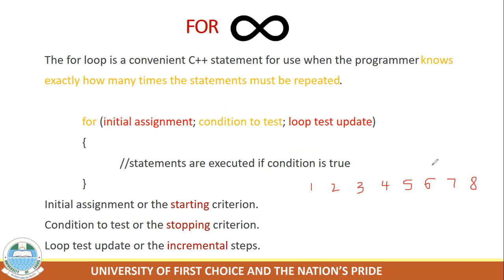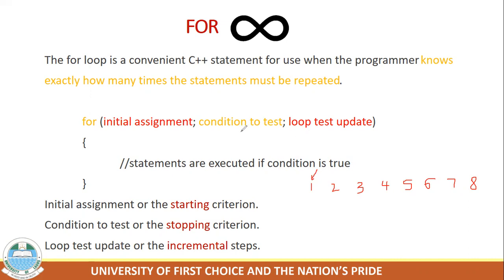Maybe you want to loop. Maybe you just want to be jumping. Now you need to start from somewhere. Maybe you want to start from 1, or you want to start from 2 or 3. So any number you're starting from is your initial assignment. So let's say I started from 1. So my initial assignment is 1, right?